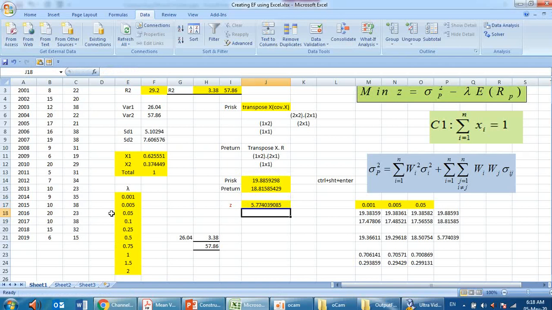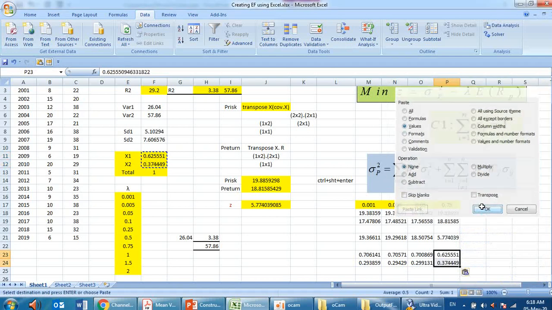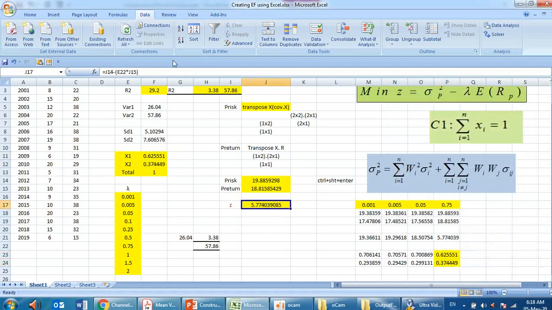The value is 0.75 because these are arbitrary values. The weights have changed significantly. Now I change again. I'll give a value of 2.